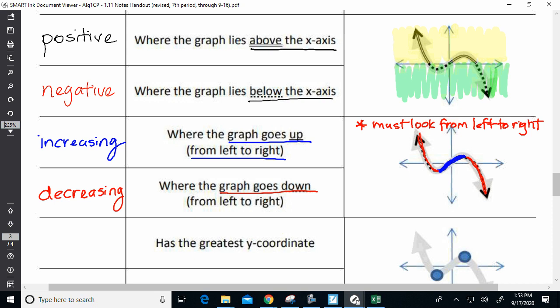So, let's take another moment here. Let those people who need to finish copying, finish copying. If you have a question about any of these four definitions, please ask them now, while we're waiting for other people to finish writing.